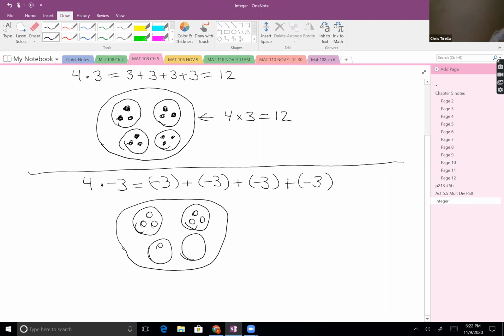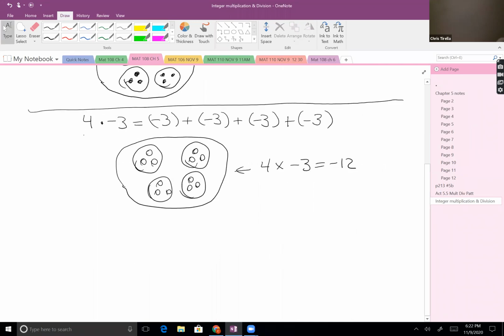Those are supposed to be red, but we're showing them as hollow because I'm writing in black and white, I'm sorry. And so this would show us that 4 times negative 3 is equal to negative 12. And the first number told me again that I had 4 groups of the second number, negative 3.